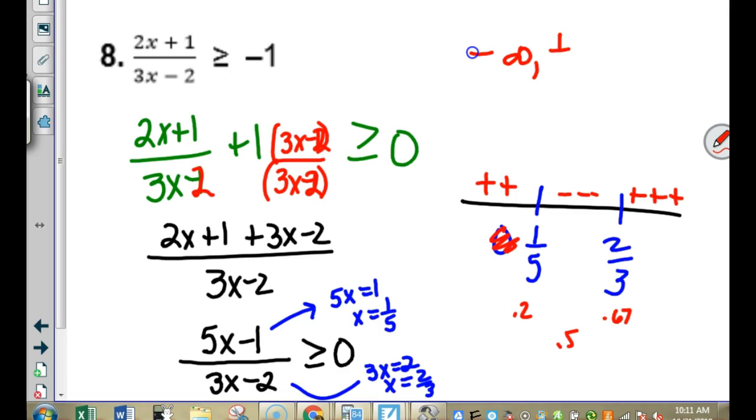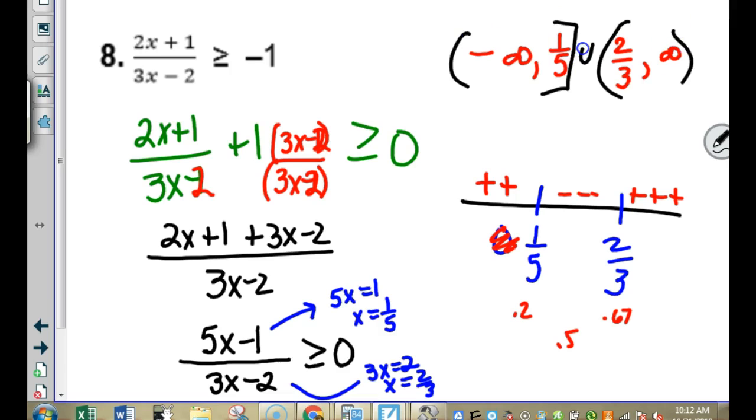Negative infinity to 1/5. And which one can be a bracket? Yes, the 1/5 is a bracket. The 2/3 would make the denominator 0, so it can't be a bracket. So we'd have a parenthesis, bracket. Infinities always get parentheses. Okay?